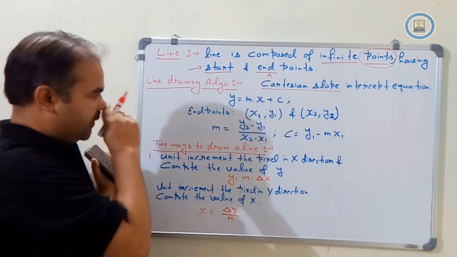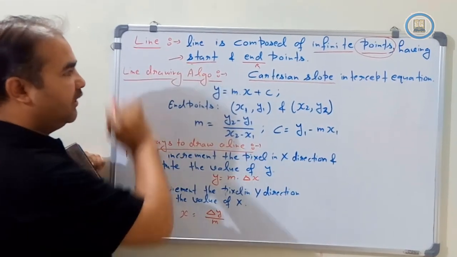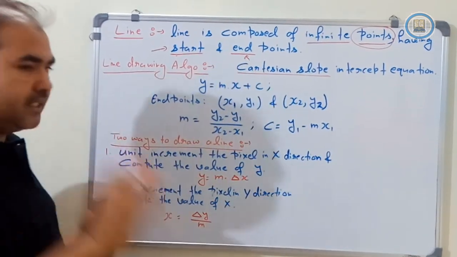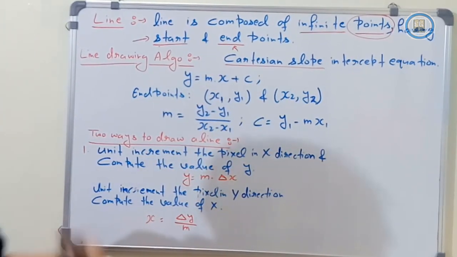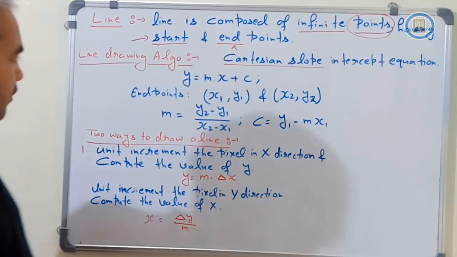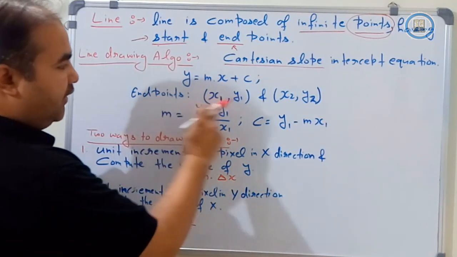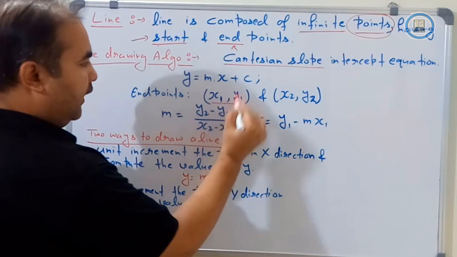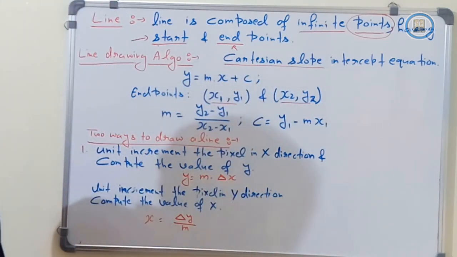Next, we should have the start and end points, because we should know the line segment and the size of the line, otherwise we cannot draw it. We assume the end points are given as (x1, y1) and (x2, y2).